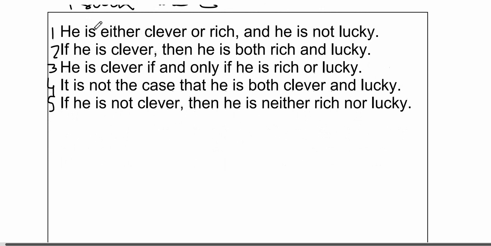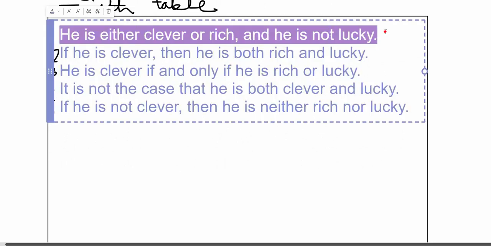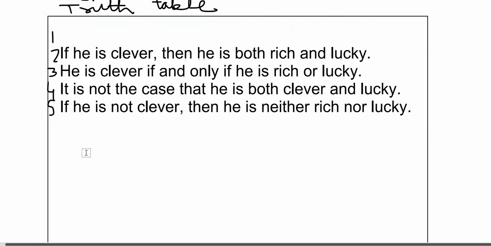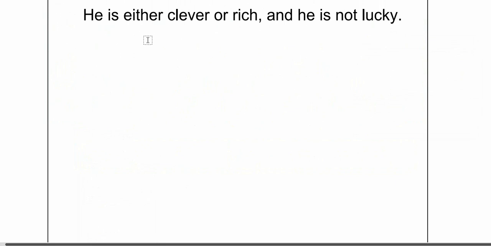First we'll take up "either clever or rich". So he's either clever or rich. How do we symbolize it? First we highlight the key constants. C is clever, capital C, R is rich, and L is lucky, capital L. Wherever there is "either" we put a bracket.